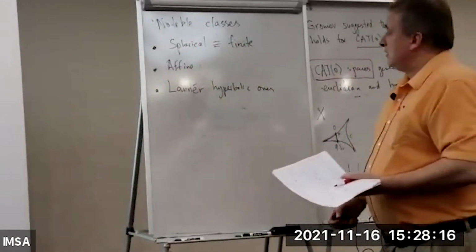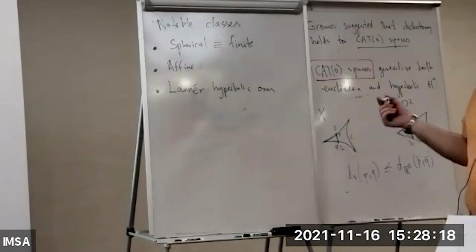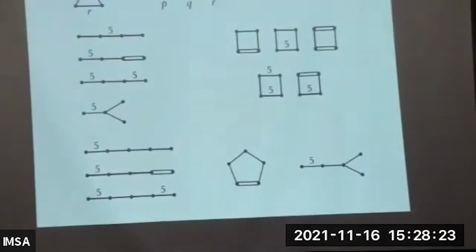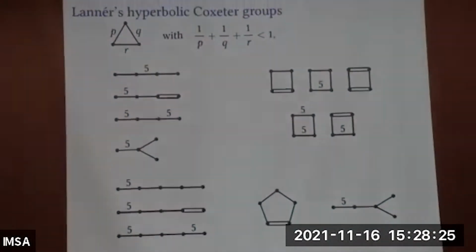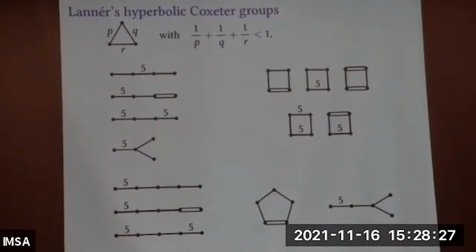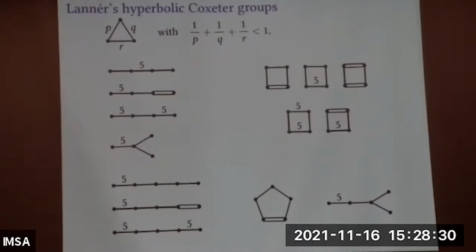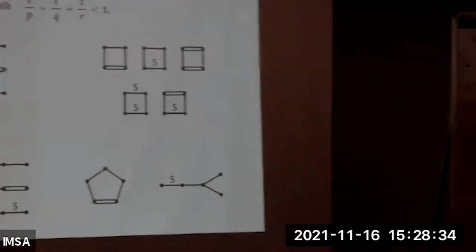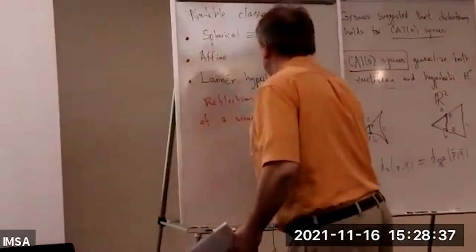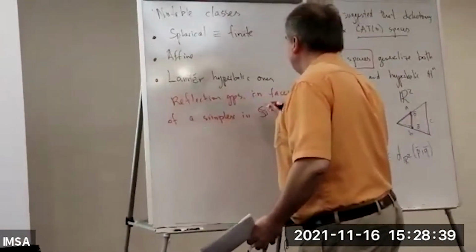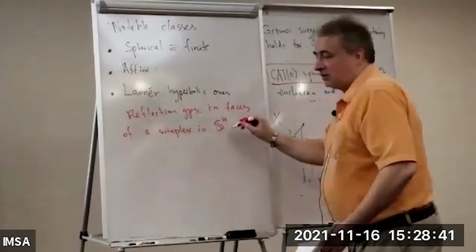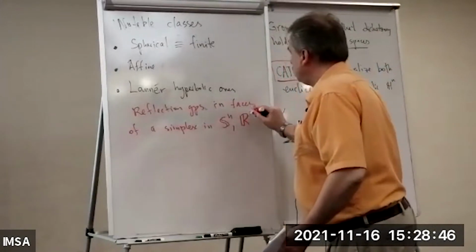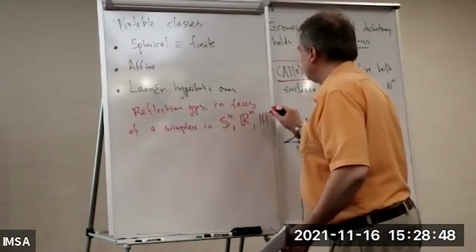So these are exactly the reflection groups in spaces of a simplex, in either sphere of n dimensions, or Euclidean space, or hyperbolic space.